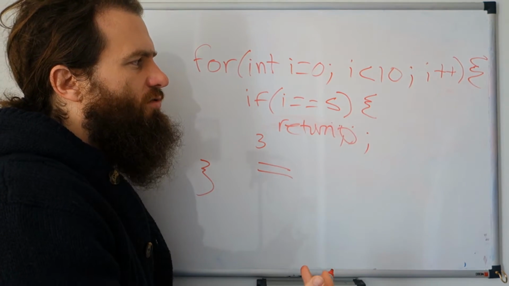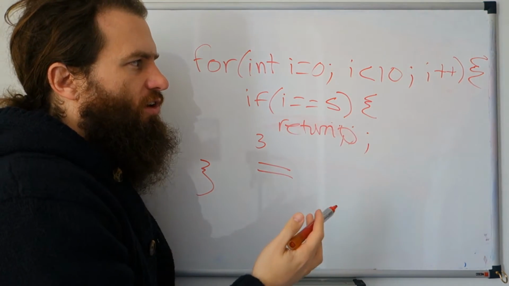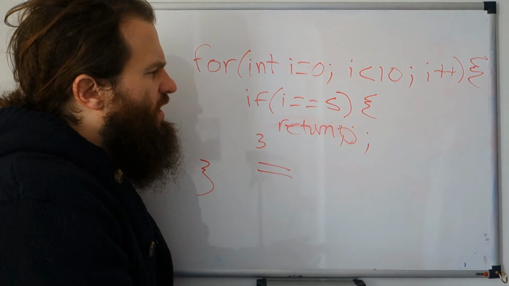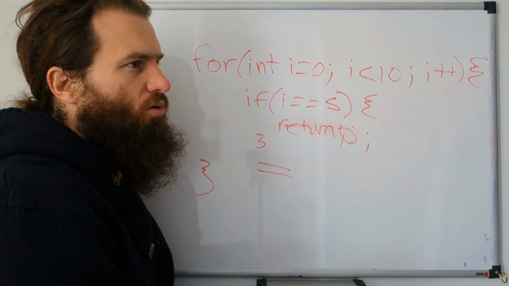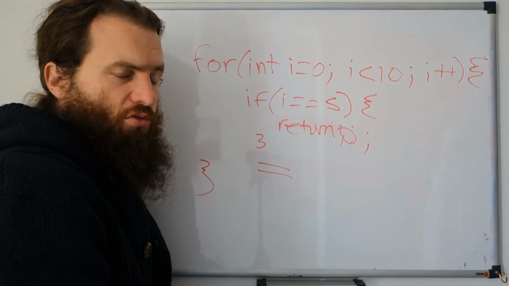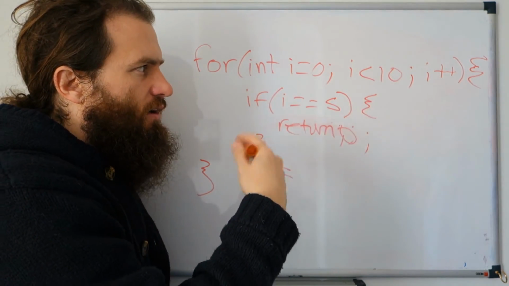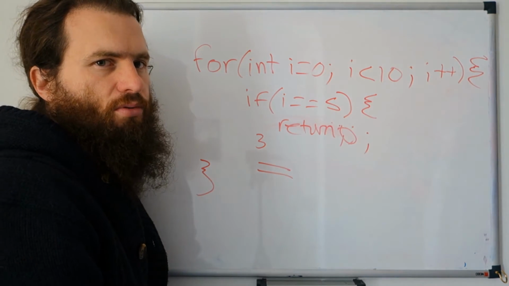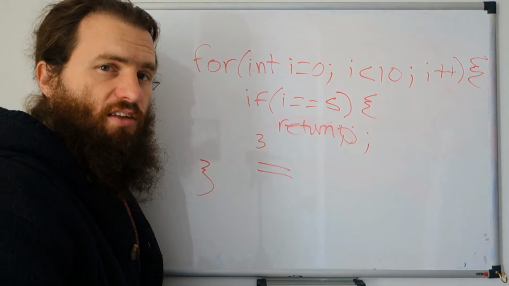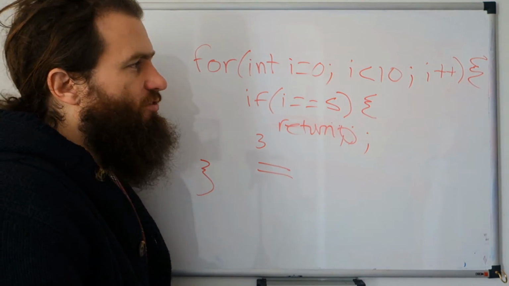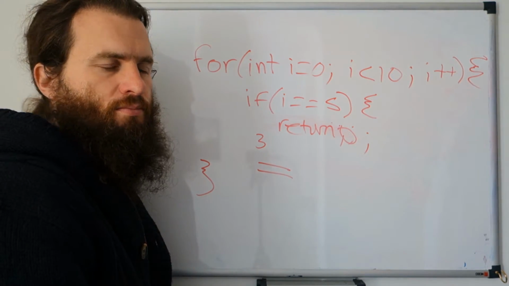When we get into general functions, we might return some other value. And the reason that's useful again is because if we were searching for something with our loop and then we find it, then we just want to return immediately rather than going through the rest of the loop and wasting our time like that.